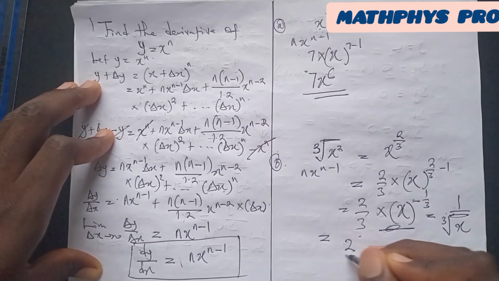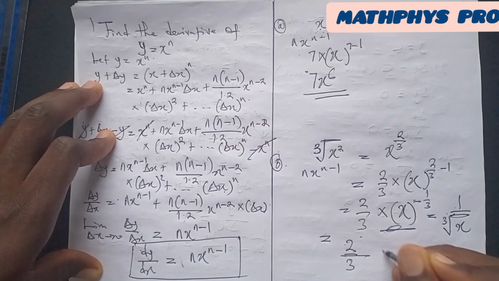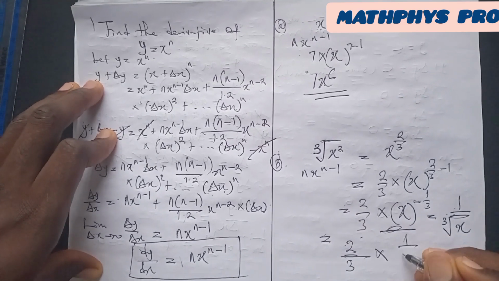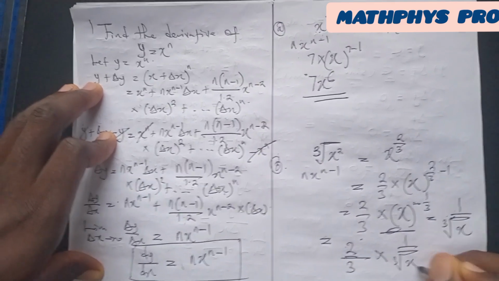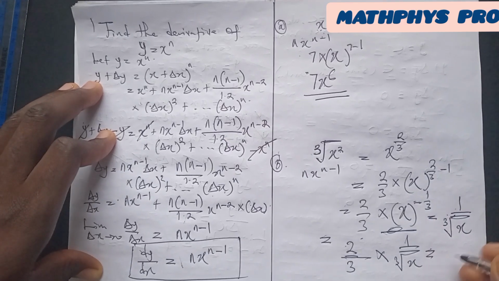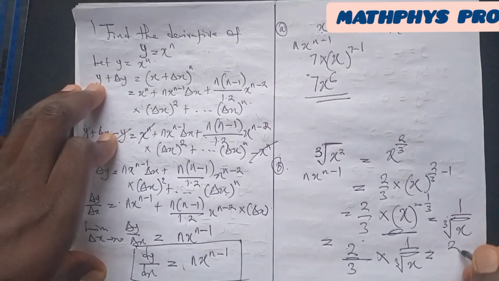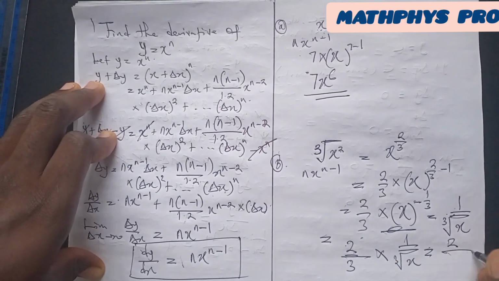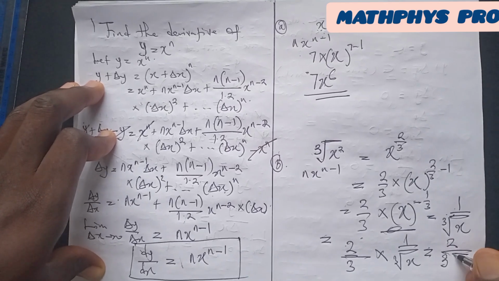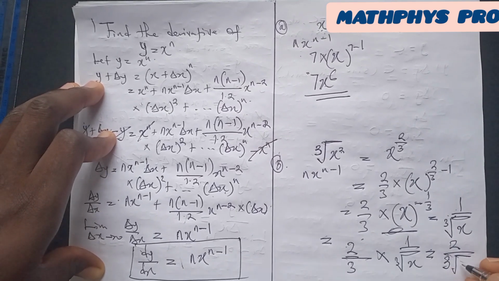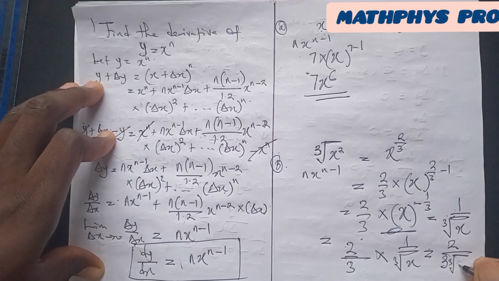So we have 2 over 3 times 1 over the cube root of x. This will give us 2 over 3 times the cube root of x.